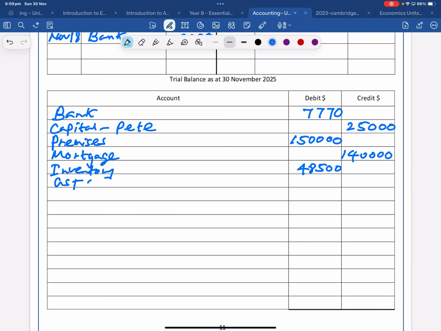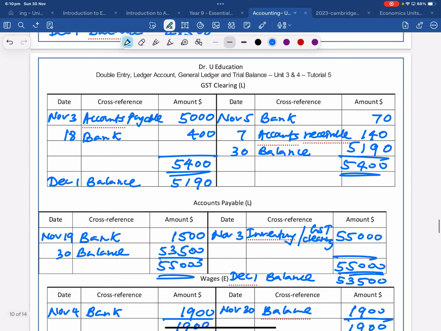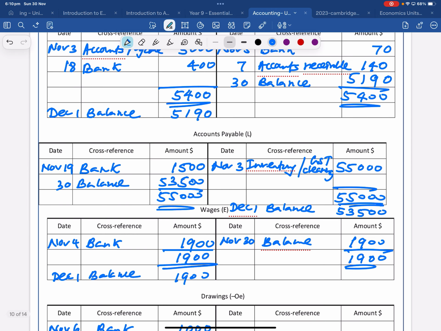GST clearing debit 5190. Accounts payable 53,500.